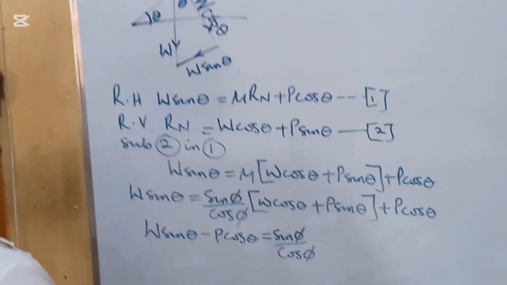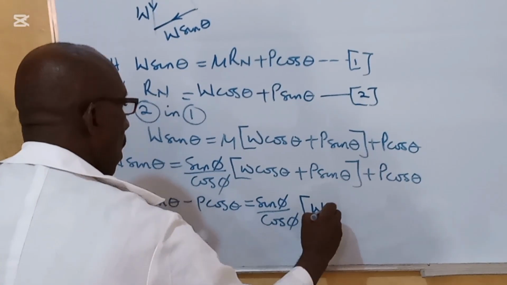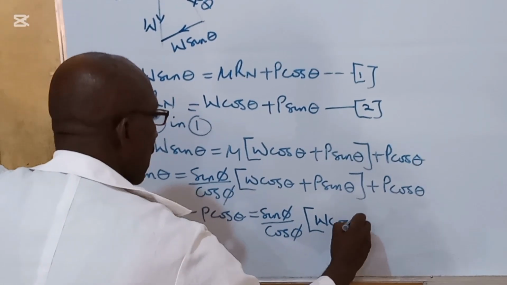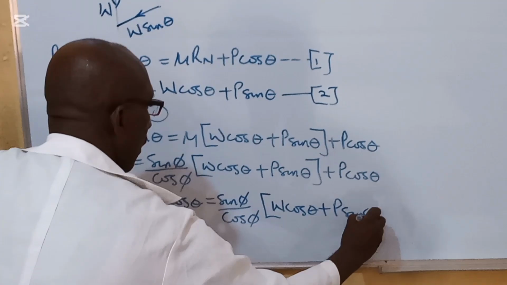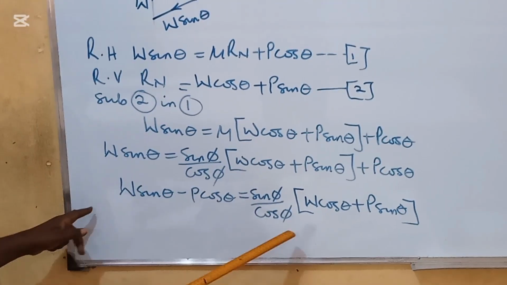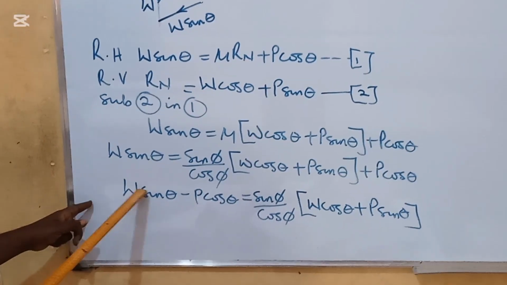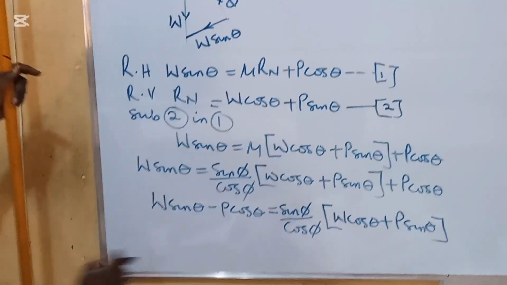Are we there? Then we can put in the bracket W cos theta plus P sin theta. Are we together? Now we can cross multiply by multiplying the left hand side by this cos phi. Are we there? Let's see how this pans out.